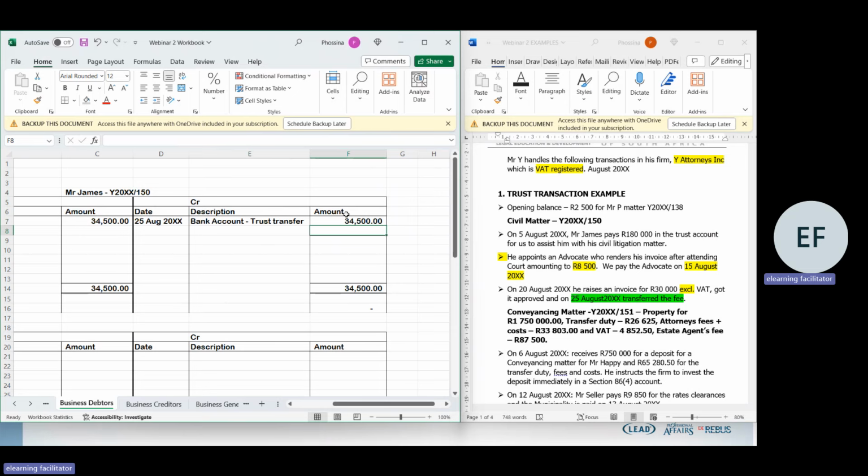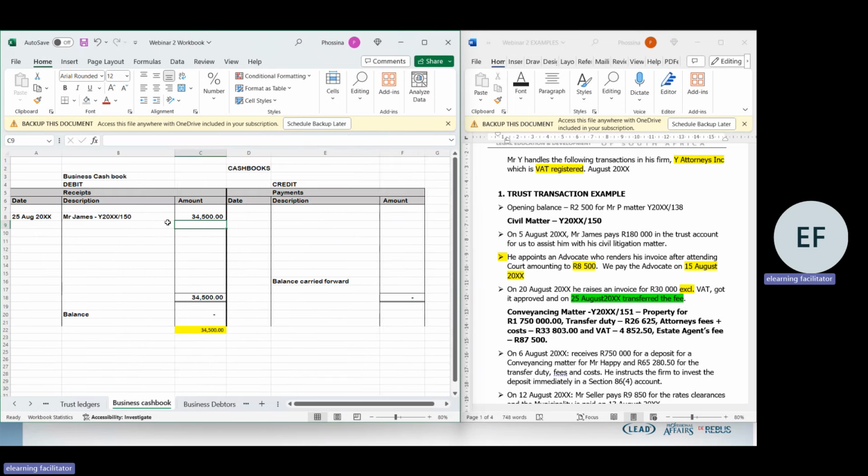With the VAT money, we're going to sit with it in our business ledger until we are to pay it over to the receiver. And our fee is going to sit in our account until we start utilizing it.